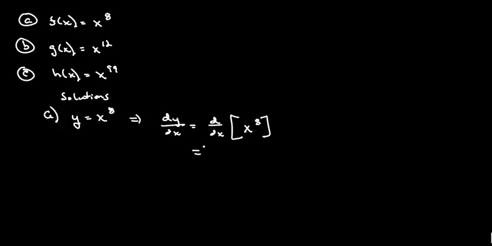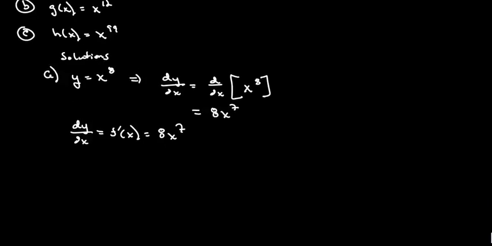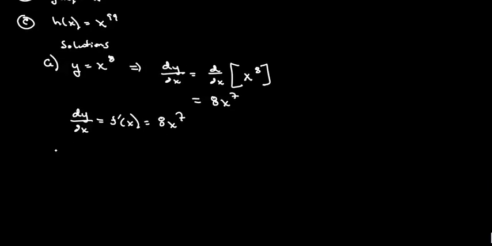So d dx of x to the 8th is 8x to the 7th. So we would write dy dx, that's the same thing as f prime of x, is equal to 8x to the 7th. Again, this Leibniz notation is going to become useful later, so I'm going to do a lot of problems involving it, but we'll switch back and forth.